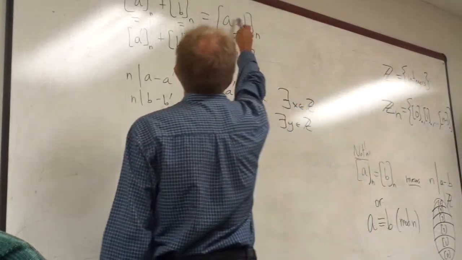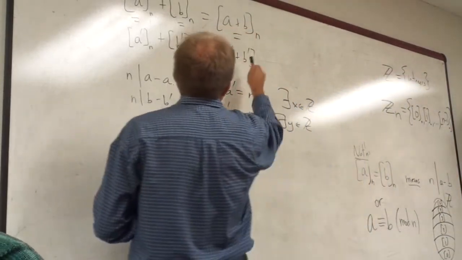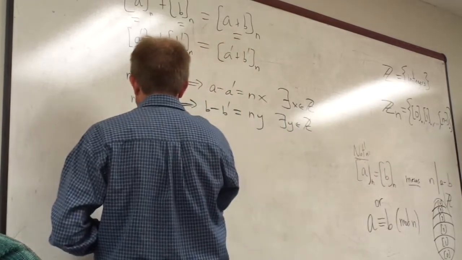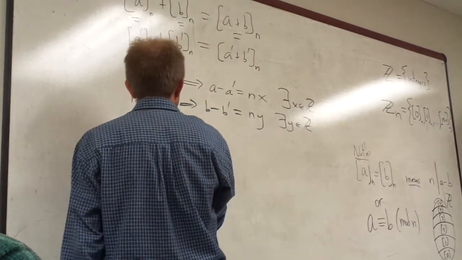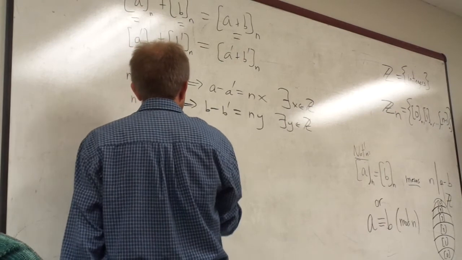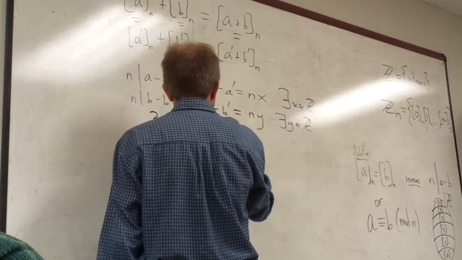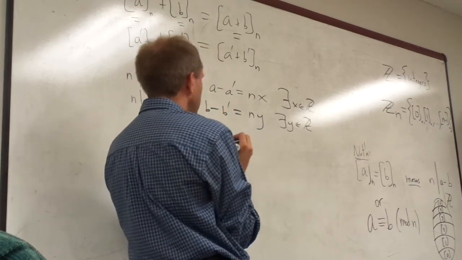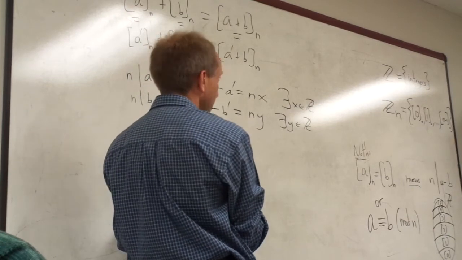So you would need this to be true. What does that mean? That means n needs to divide, so this is the question: does n divide a plus b minus a prime plus b prime? In other words, is this a multiple of n?